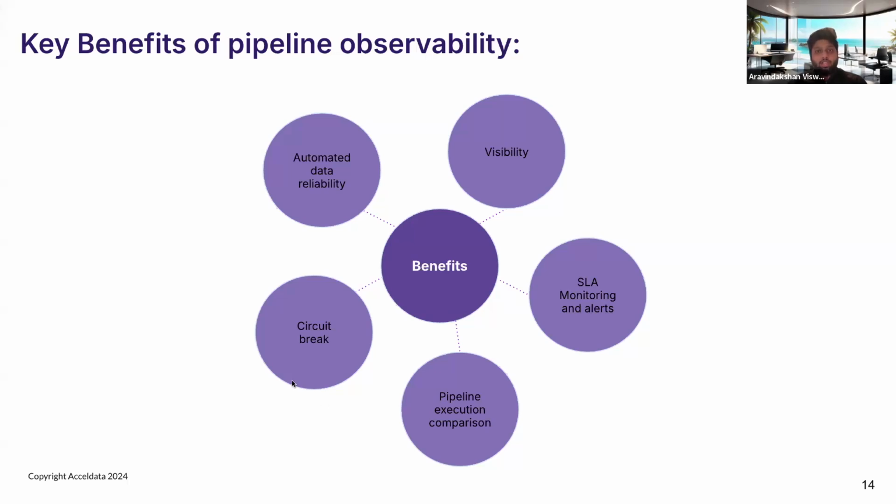And the final piece is circuit break. Circuit break is an important use case amongst many customers, right? With the use of circuit break, let's say you have different layers, different hops like bronze, silver, and gold, and the data is moving from bronze to silver and silver to gold, and you have an ETL pipeline built to do this process.